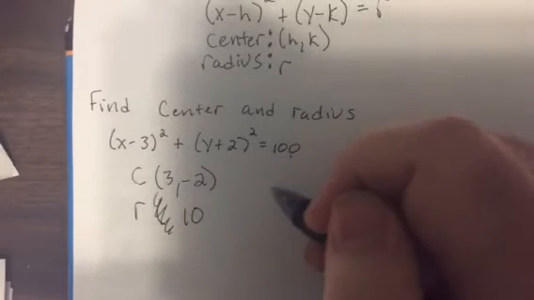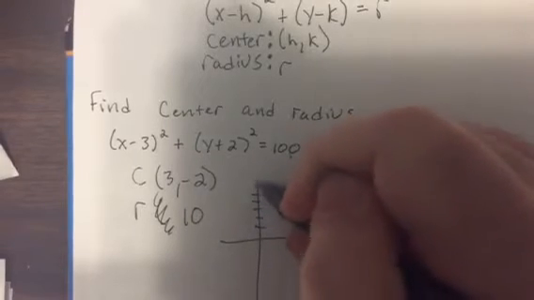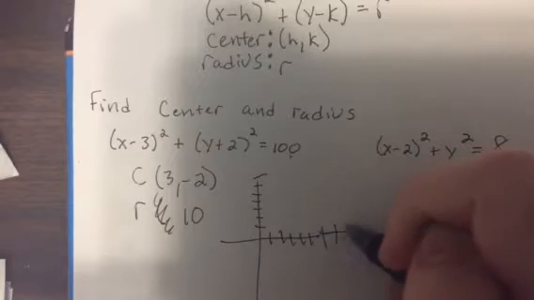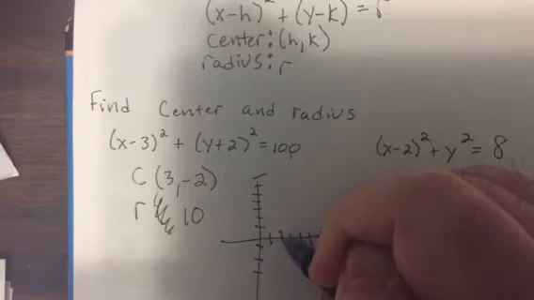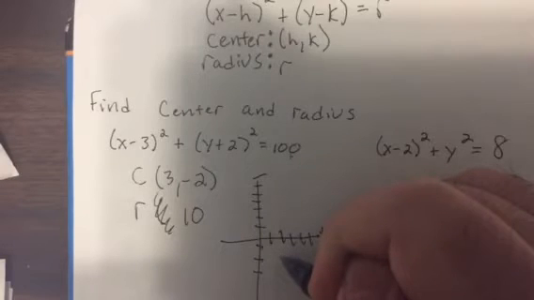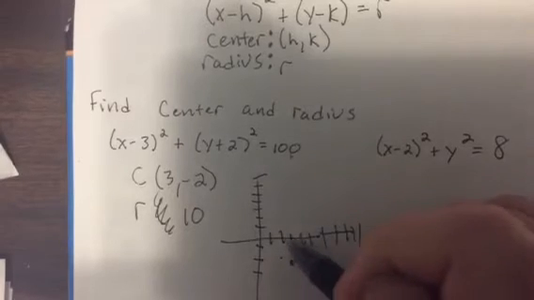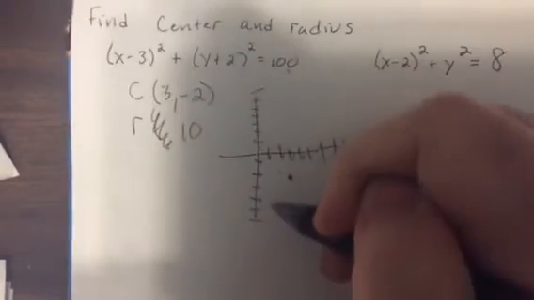If I did have you graph it, I would have you do this. I would go to (3, -2). Then I would have you draw dots 10 units from it: up, down, left, right.